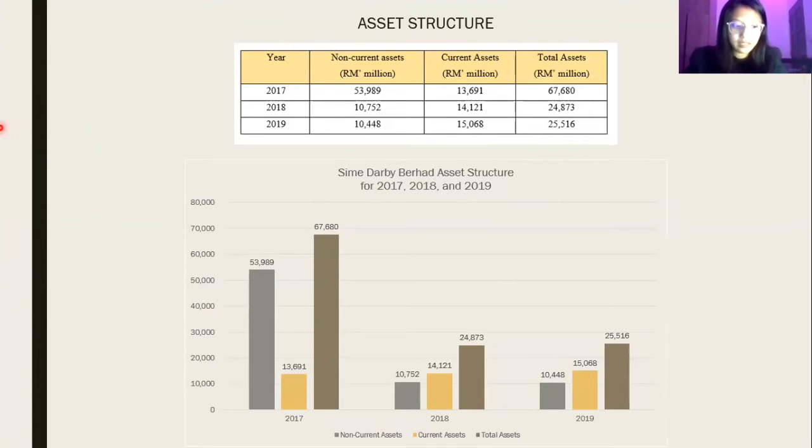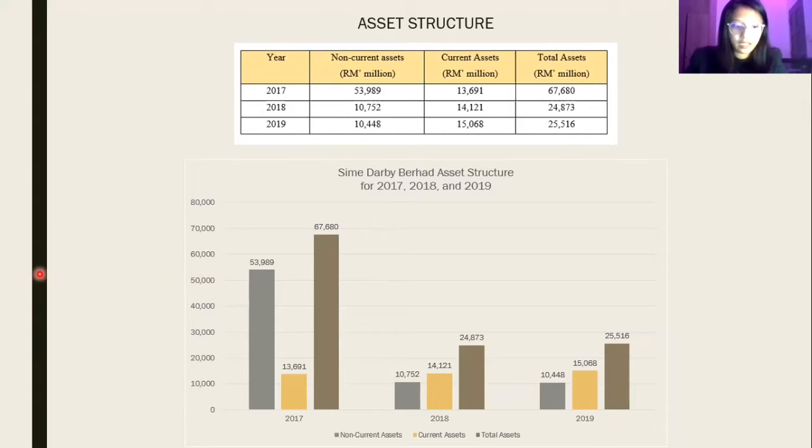The company reduced their non-current assets from 53,988,000 ringgit to 10,752,000 ringgit and 10,448,000 ringgit in 2018 and 2019.